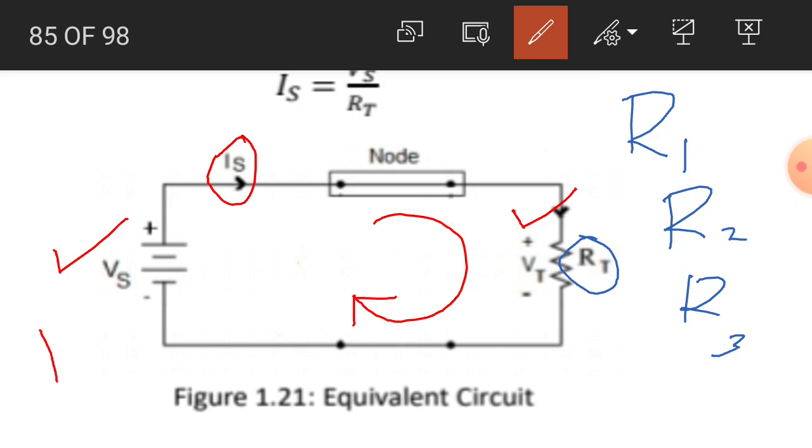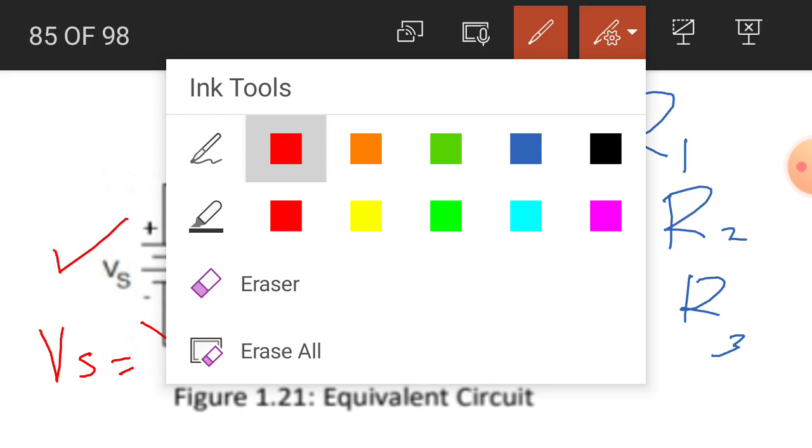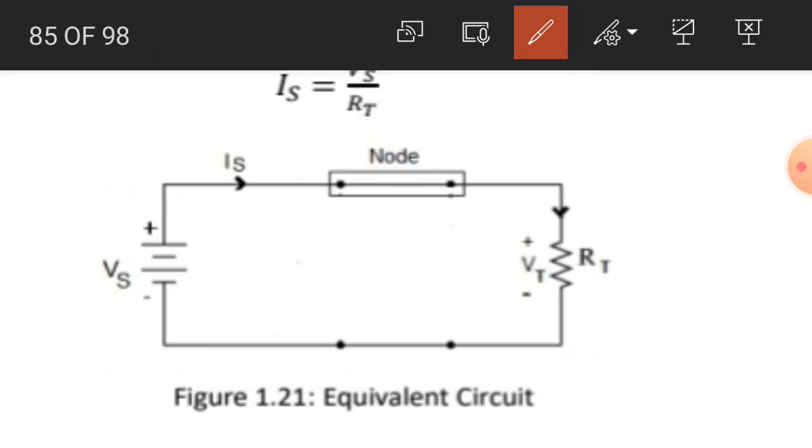According to KVL, the sum of the voltage rises in this loop will be equal to the sum of the voltage drops. And the voltage drop, which is equal to the voltage rise, will be equal to I RT.